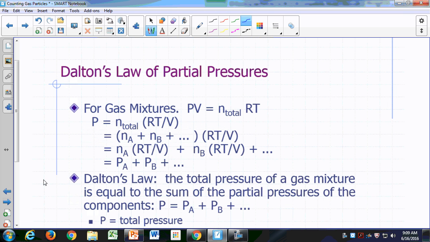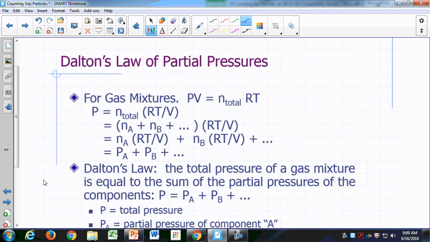Now, if you have a gas mixture, like I said, PV must be equal to n total times RT, or you can say P is n total times RT over V. Divide both sides here by V. But this n total is just moles of A plus moles of B plus moles of C or whatever. You add up all the moles of the components you have. So you can replace n total here by the sum of the moles of the components. And then you still have that RT over V over there.